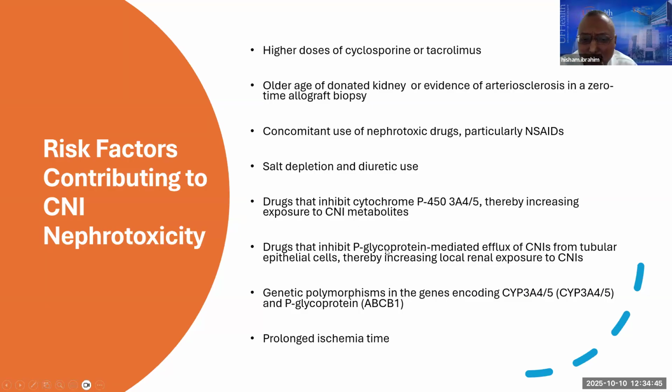Also, apart from renal metabolism, there's an efflux pump, the P-glycoprotein efflux pump in the intestine, which is involved in getting rid of the CNIs. Drugs that inhibit this pump, or compete with excretion of CNIs through this pump, can cause higher levels.